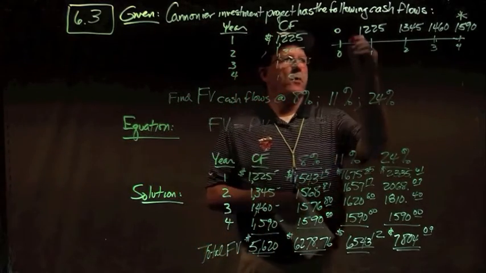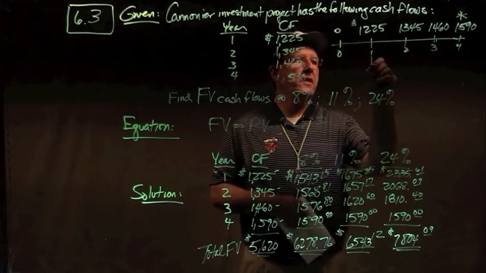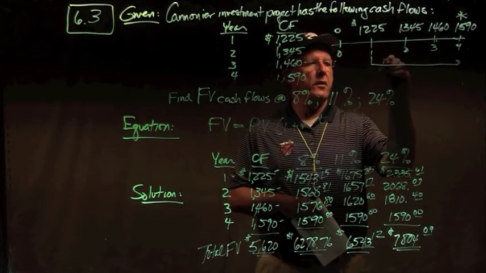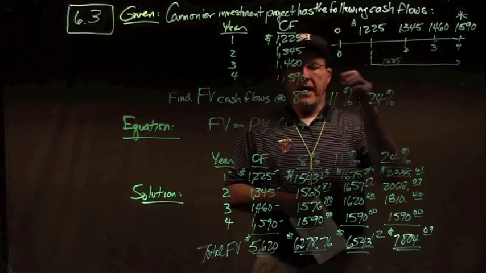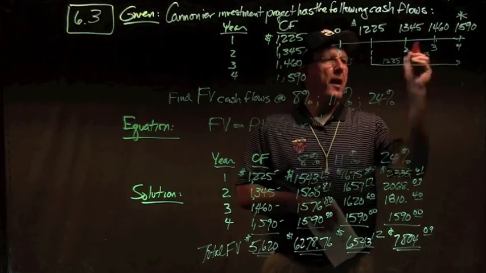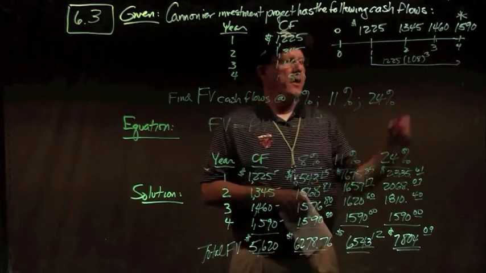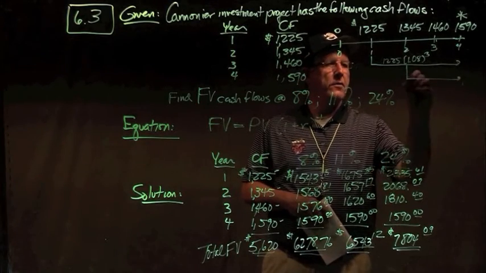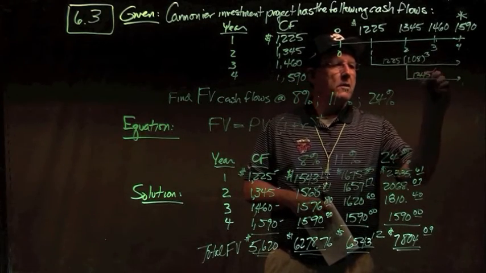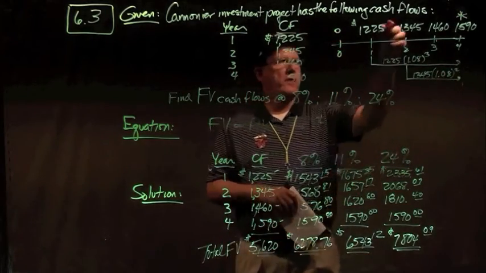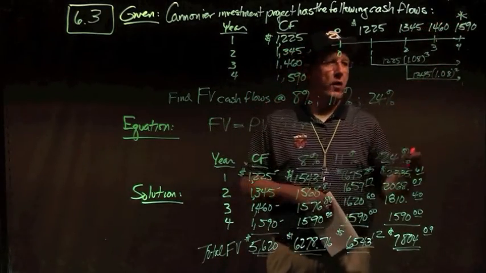First, I'm going to take my $1,225 and see how long that's going to be in the bank. Well, that's going to be $1,225 at 8% times 1.08 to the 3rd power, and that will get me out to the 4th year. The second cash flow, $1,345, times 1.08 squared. It's going to be in the bank 2 years, from the end of year 2 to year 4.